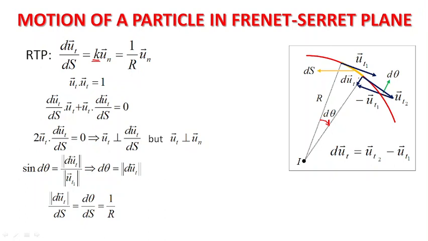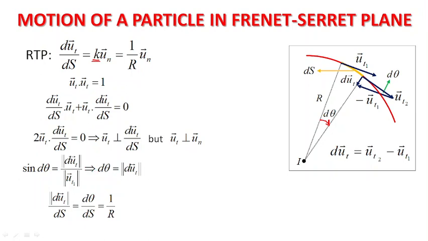Now, by using this right triangle, sine d theta equals the opposite length, dut, divided by the hypotenuse, which is the norm of ut1. Small angle approximation, sine d theta is equal to d theta. ut1 is a unit vector. Its magnitude is 1. Therefore, the magnitude of dut is equal to d theta.